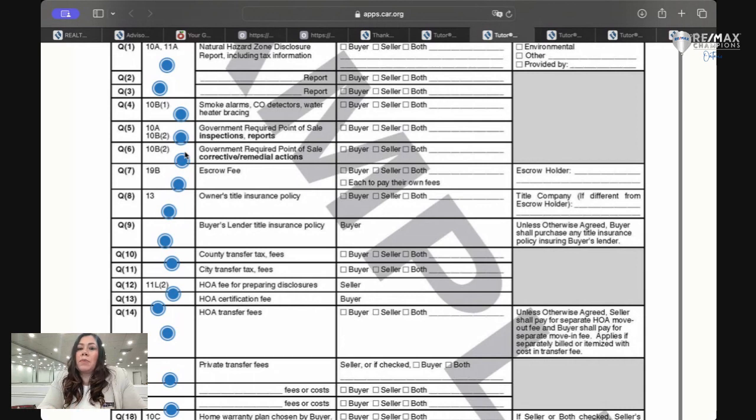I've had agents that call me and say, oh well, I'll counter it out because everyone puts it in there. And if I'm the listing agent, I counter it out. And they're like, your seller doesn't want to pay for repairs. No, that's not what that means. That means that we can negotiate. But if we mark this, then my seller's obligated to pay for that, and I don't want to obligate them without knowing what their obligation is. So I always try to keep that blank.